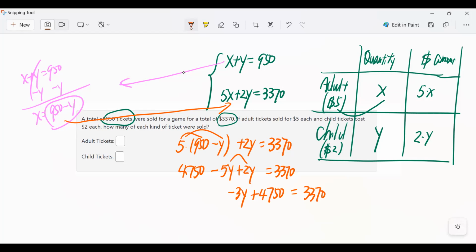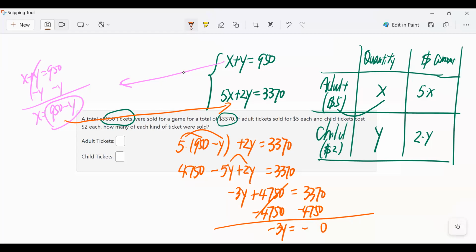Now you subtract 4,750 from both sides of the equation. Cancel that, minus 3y equals negative.